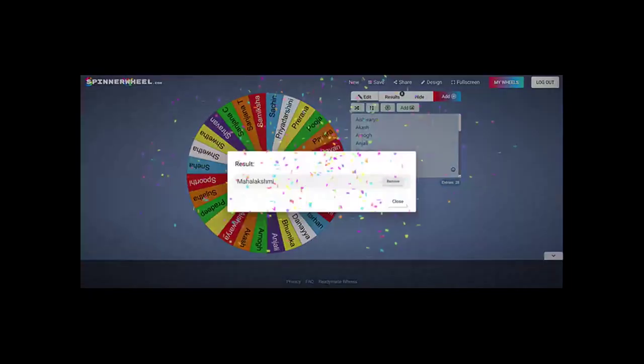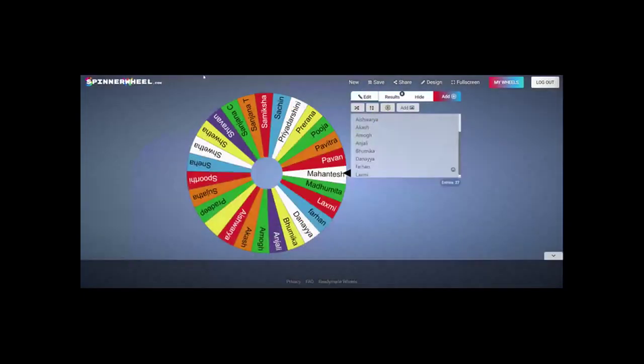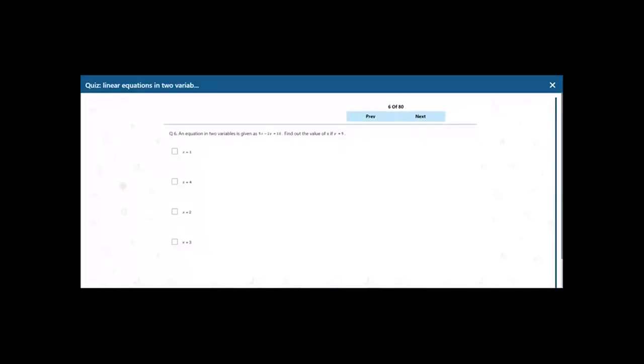Mahalakshmi? Yes, ma'am. Mahalakshmi, you have to answer this question. An equation in two variables is given as 5x minus 2y equal to 10. Find out the value of x if y equal to 5.